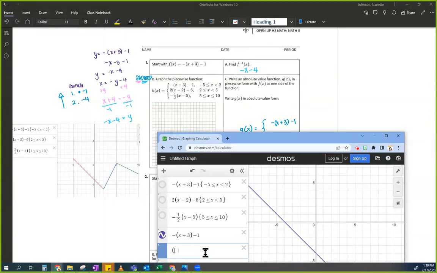So someone says, Ms. Johnson, x plus 3 minus 1. And so do you see this V happening here? Does everybody see this V? Okay, now it doesn't have to be minus 1, right? It could be minus 10, right? And then there's your V. Does everybody see that?